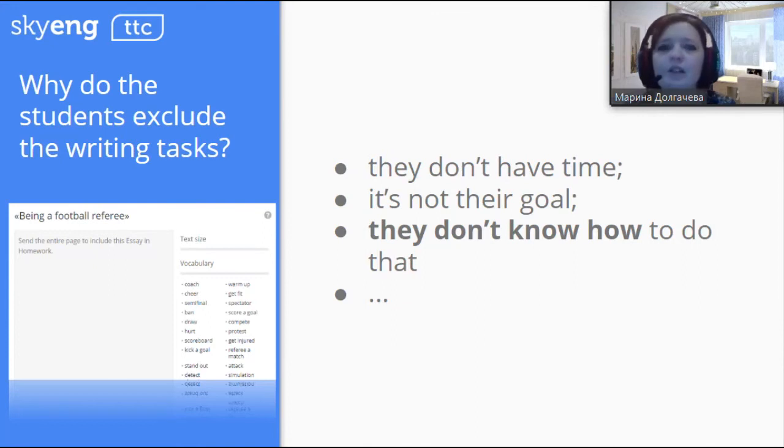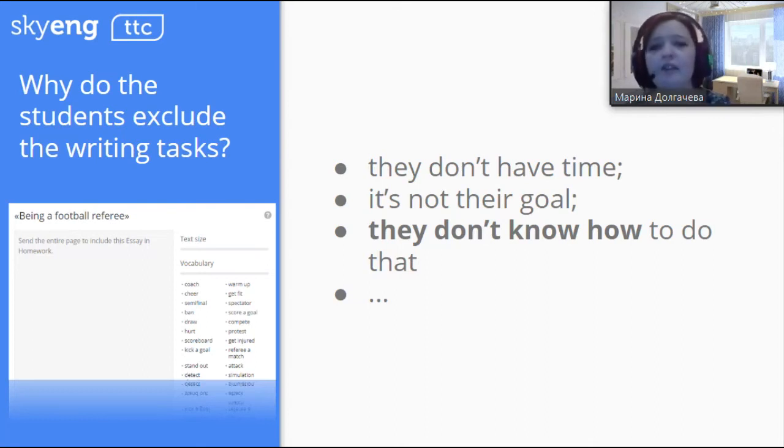For some of the students, it's just really not their goal. So in this case, of course, we can practice some writing for learning types of tasks, but not those essays which are given as homework assignment.